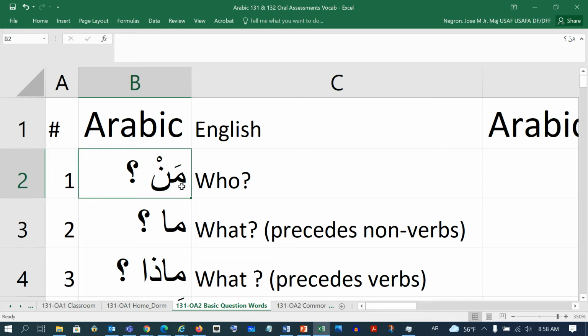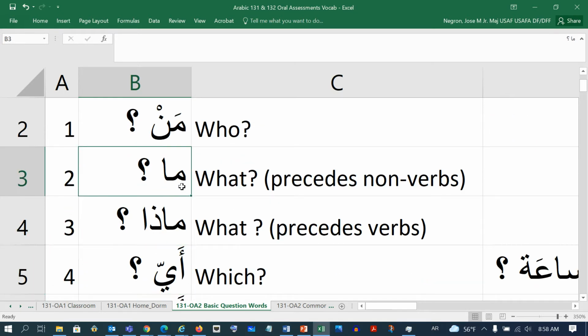You use men. Next, we have two words that mean what, but you use them in different circumstances. The second one you use only if a verb is coming immediately after it. That word is maza. You use maza immediately preceding verbs.